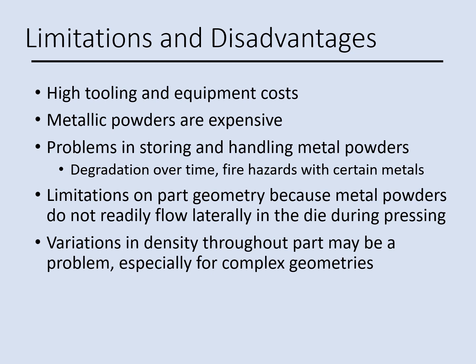The limitations of this process are listed in this slide. We have high tooling and expensive equipment for this process. The next limitation is that the metallic powders are expensive, because the production of the powder is difficult.